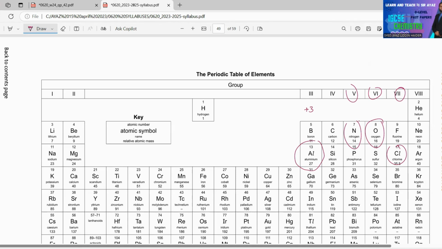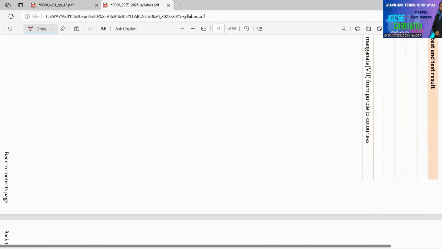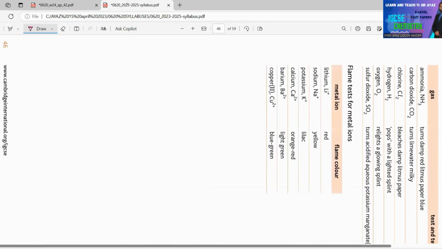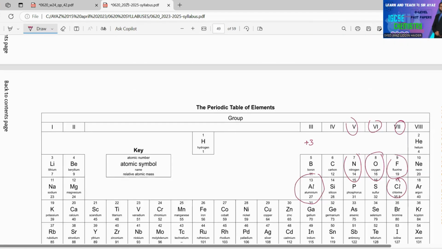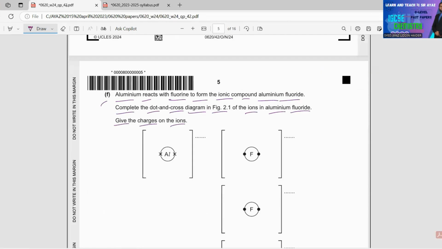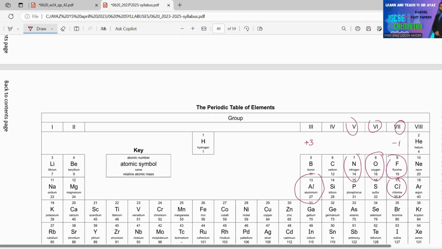And the other element is fluorine, which is in group 7. Here's fluorine. They need 1 electron to complete their valence shell to form minus ion. So aluminum will lose 3 of its valence electrons and it will be left with 10 electrons. And fluorine will take up those electrons.